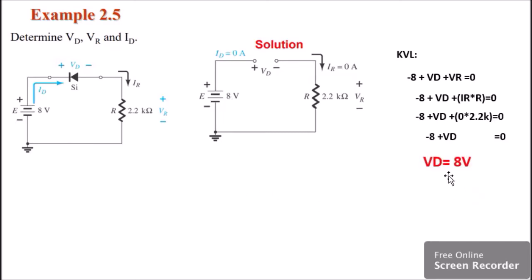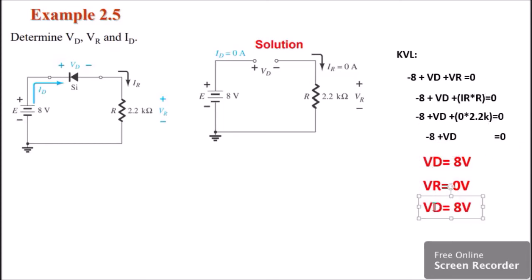Okay? And of course, we need not solve ID anymore because it is obvious, and VR is obvious too. Let's just write it. Based on the circuit, our VR is equal to 0 volts because we have no current.